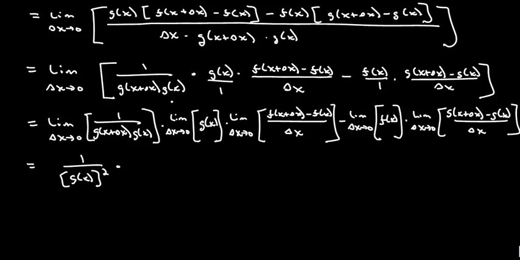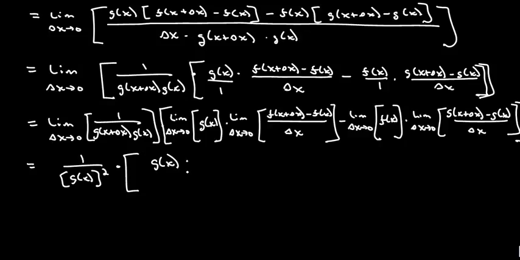And I should have put down here, right here, I still needed parentheses. Okay, if anyone caught that, good for you. Okay, so now we're going to multiply that by, well, this right here, the limit as delta x goes to 0 of g of x is just g of x. It's just the function.